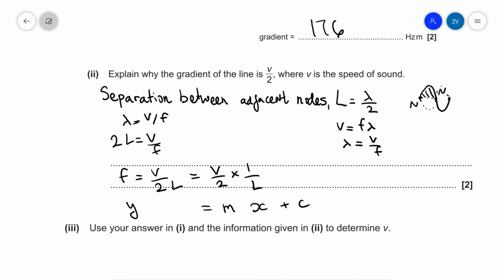If our frequency is on the y-axis and 1 over L is on the x-axis, our intercept should be around 0 and our gradient should be v over 2. So our gradient m should be equal to half the speed of sound.